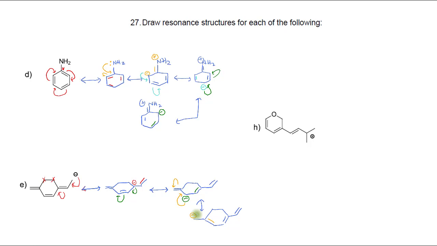For the last one, H here, the only places I can't put electrons are here, which I guess is a couple in there. Those are your sp3 carbons. So the first one here, I can take electrons out of this bond and put them into here. So that forms a double bond there, and now this is short a pair of electrons, so it's positive.